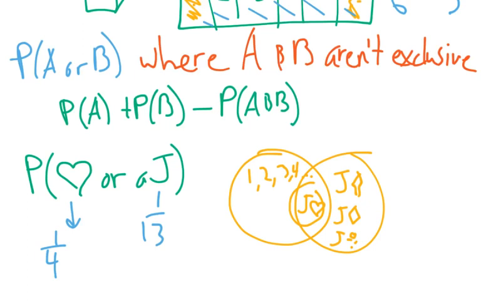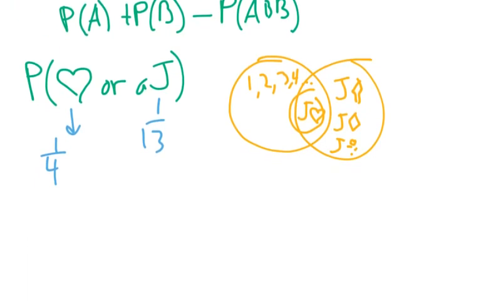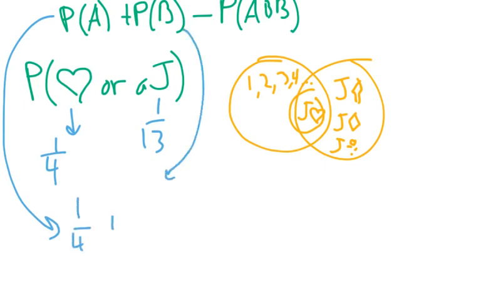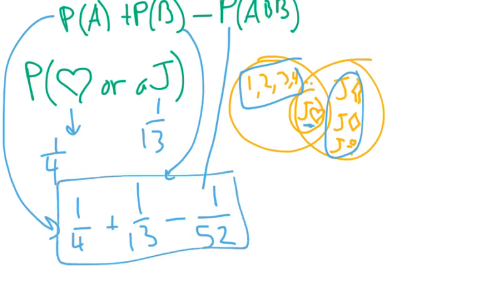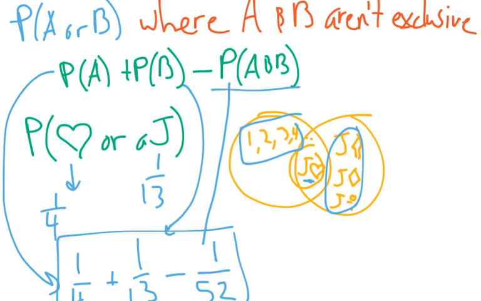So in order to figure out the probability of getting a heart or a jack, we would take 1/4 plus 1/13 minus 1/52. That way we're looking at all of these possibilities and not double counting that one. We may or may not come across that too much, and then we'd have to get common denominators, add, subtract, multiply, all that fun stuff. But I wanted to show you just in case we do stumble across it.